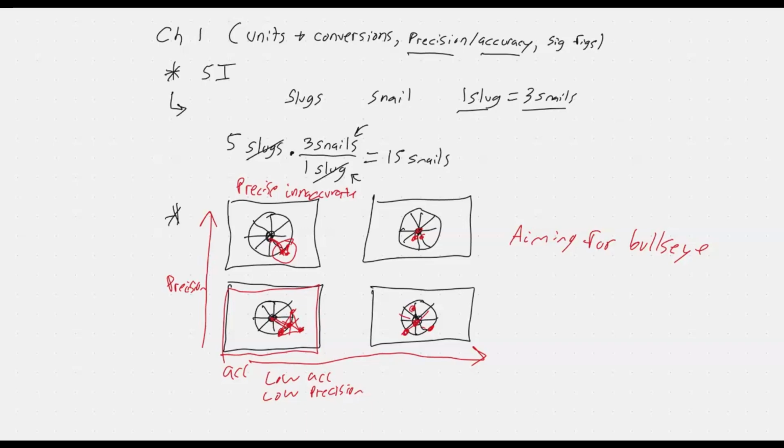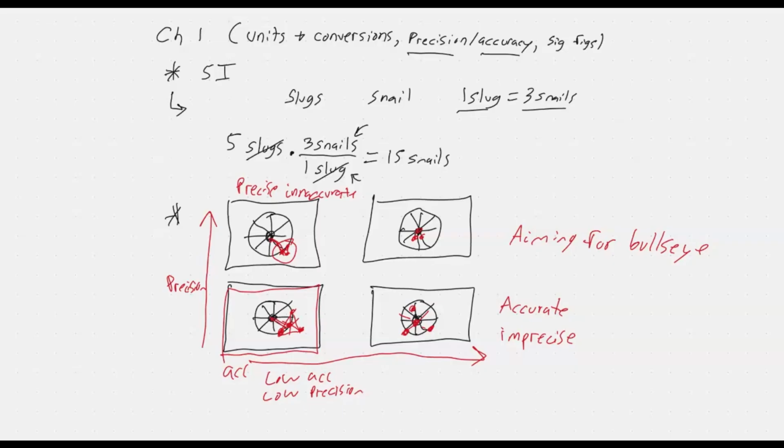But each shot is far away from the other, meaning it's imprecise. So you have an accurately calibrated instrument that is not very precise, and any given shot might be nowhere near the bullseye, but the average, if you throw enough shots, is the bullseye. So this is a calibrated instrument that just doesn't give good reproducibility shot to shot.